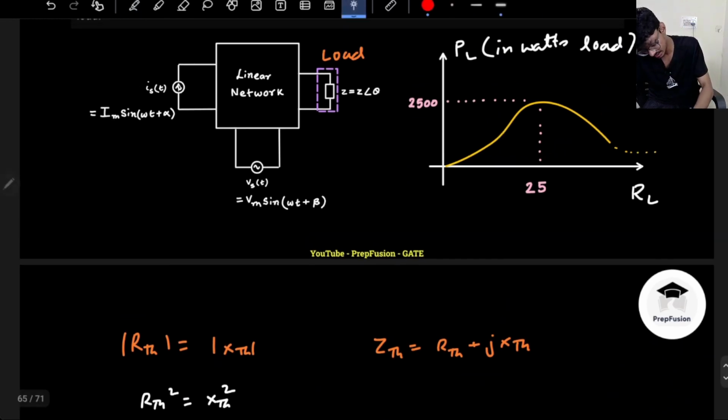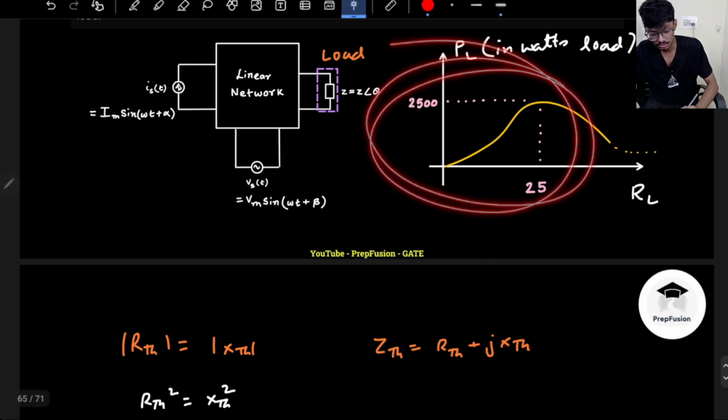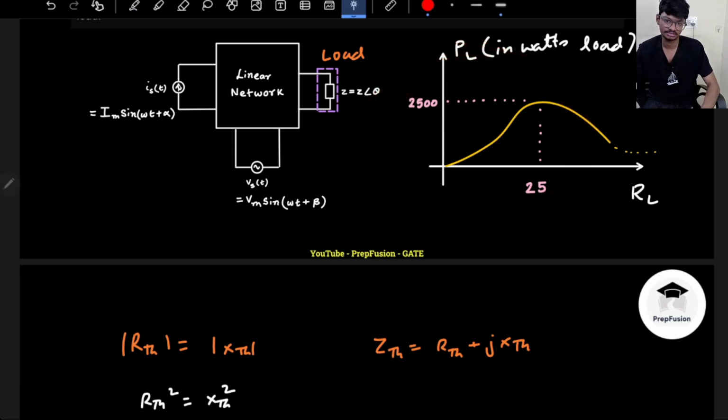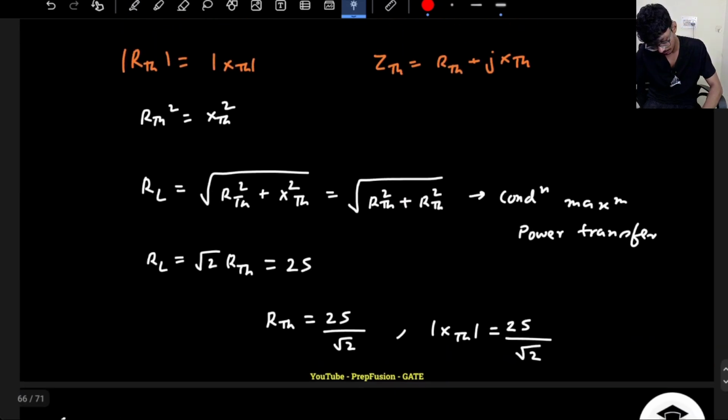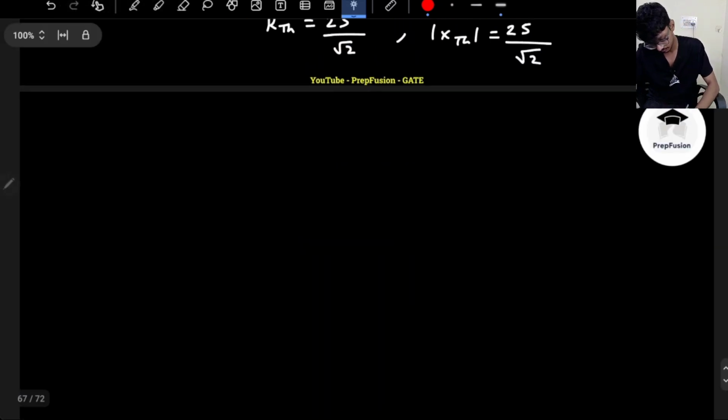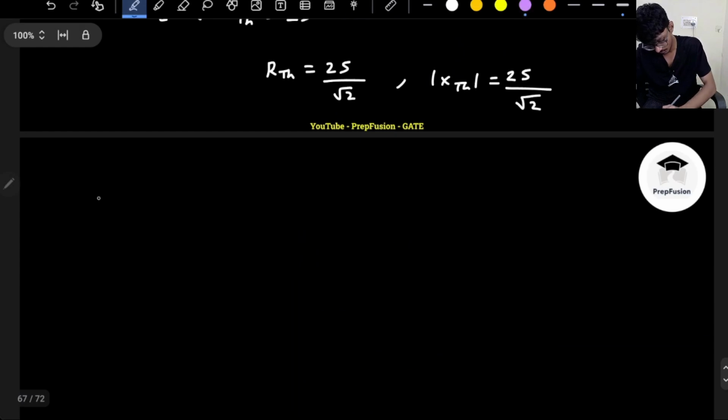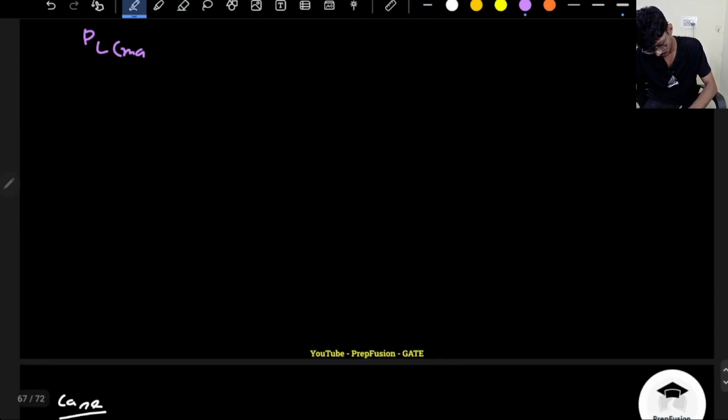But here something is present: this 2500 watts. I can take the hint from this and find out the voltage as well. So previously, what was the maximum power transfer? Previously the PL max in case 1, and this is case 2.